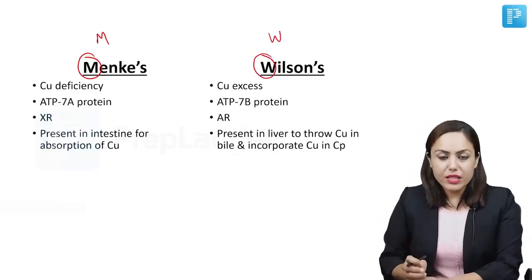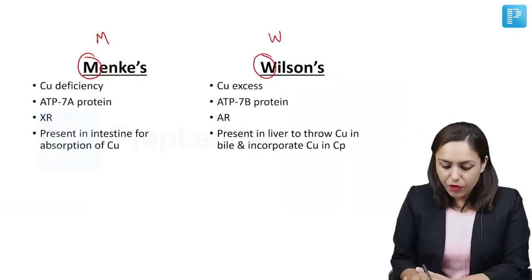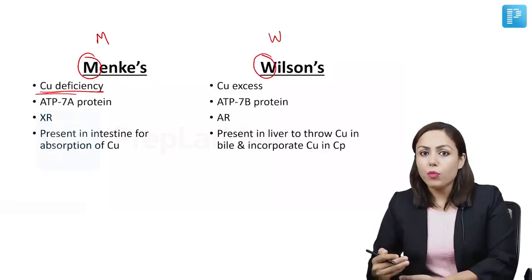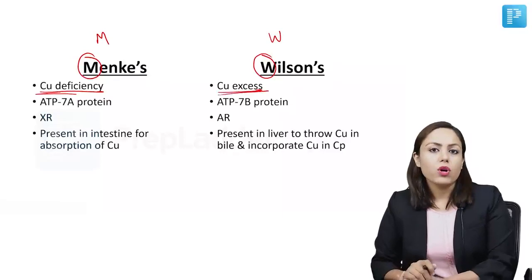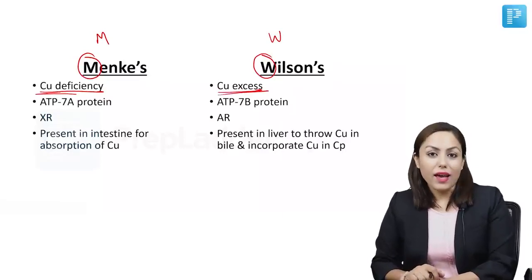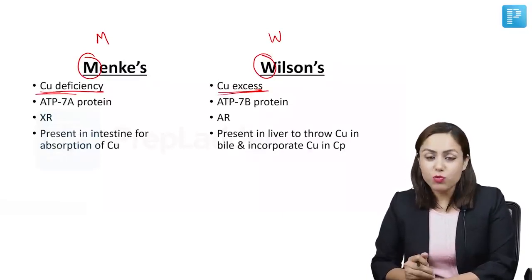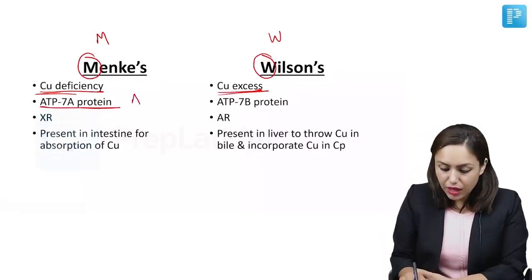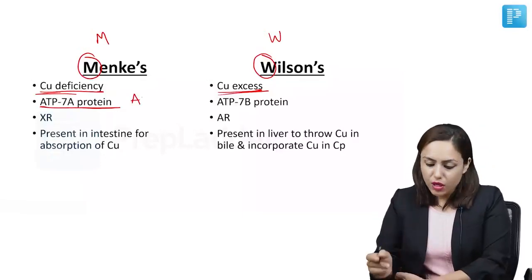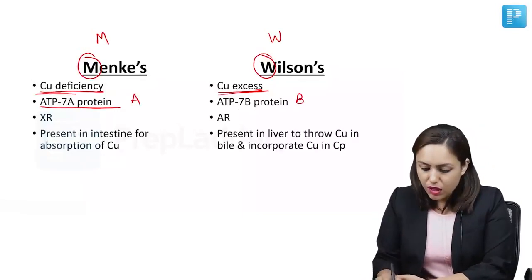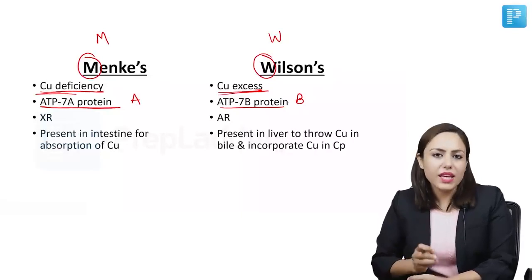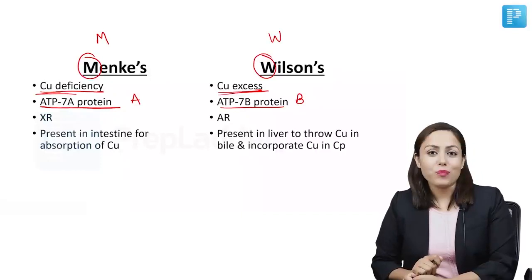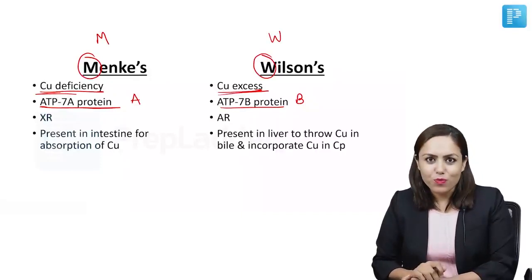So very easy to learn that M for Menkes is copper deficiency, less copper in the body, and W for Wilson's is copper excess in the body. And very easy to do the next point also alphabetically. Here the defective protein is ATP7A protein. So A comes before, then B comes afterwards. In Wilson's, the defective protein is ATP7B protein, right? Very easy to learn.